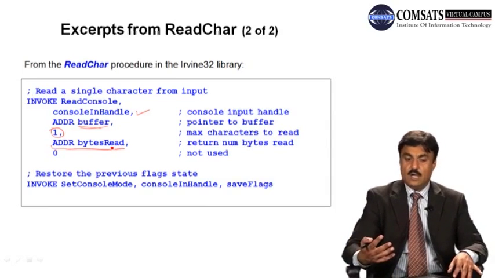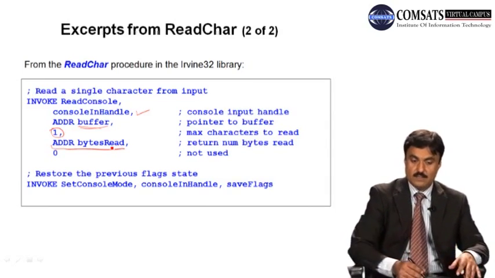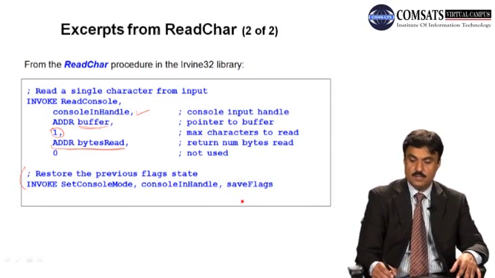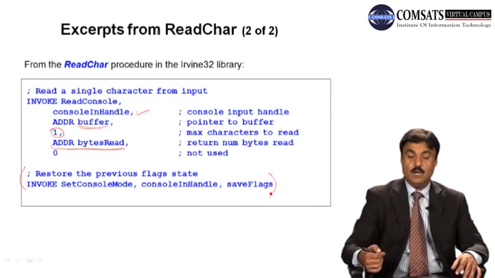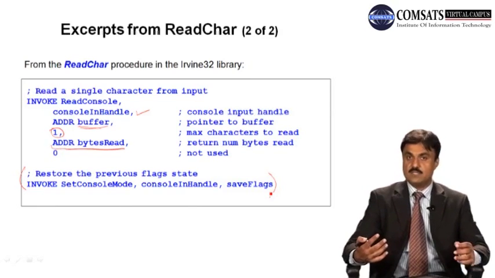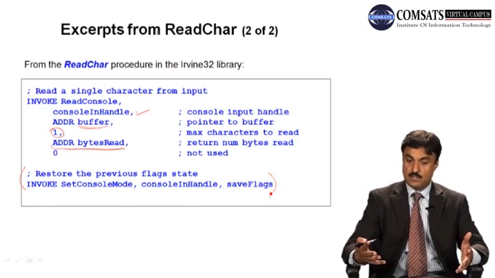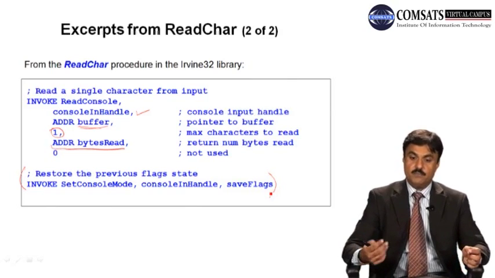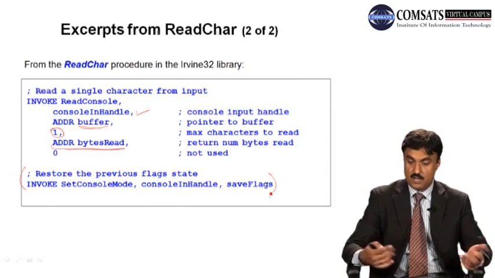In this way we read a character, and in the end we restore the previous flags. So this is one of the simple Win32 console functions that we are using here.